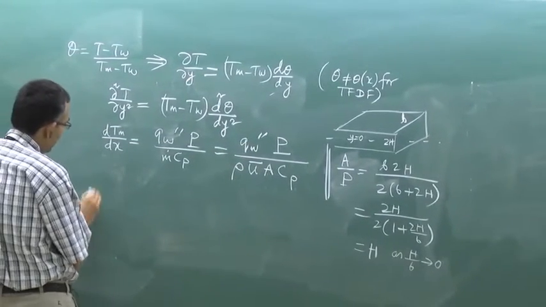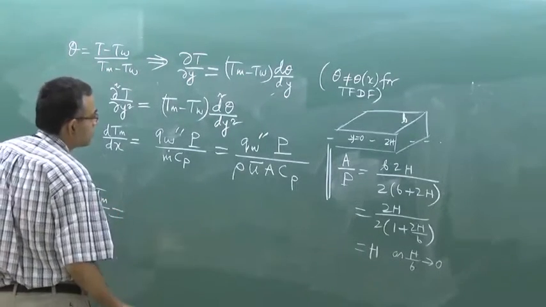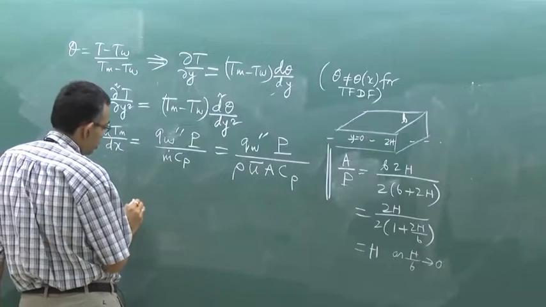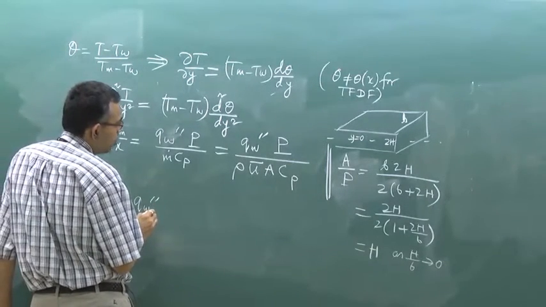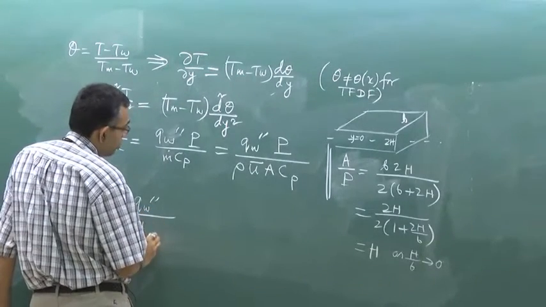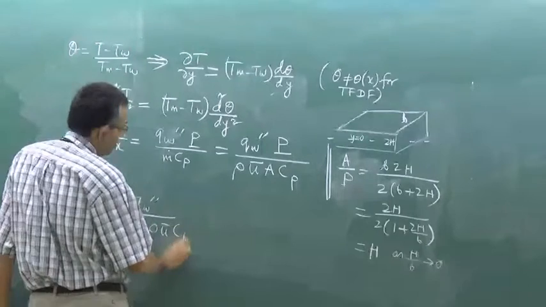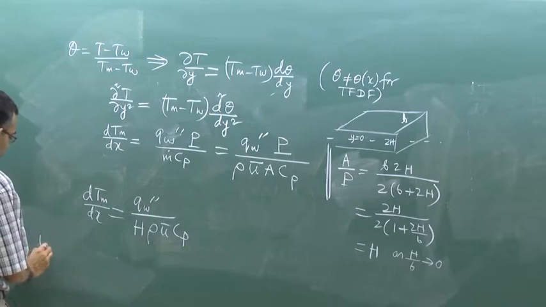So you can write dTm/dx is equal to Q double prime into perimeter by area, which is 1 by h, over rho u average Cp. So u dTm/dx is u by u average.